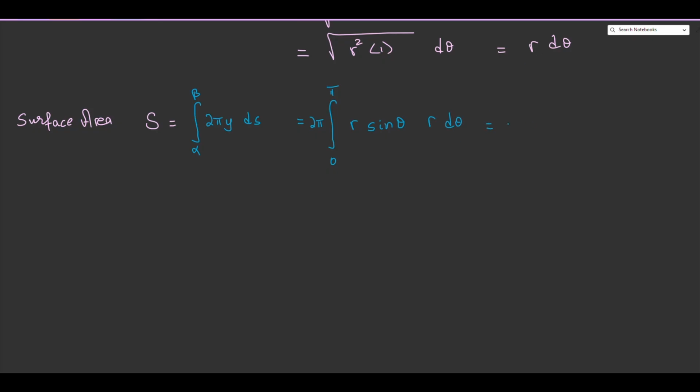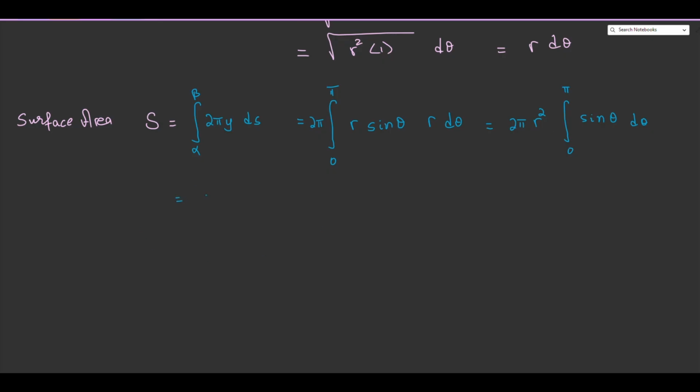So you can take out r squared, because r is a constant, and write it outside the integration from 0 to pi of sine of theta d theta.